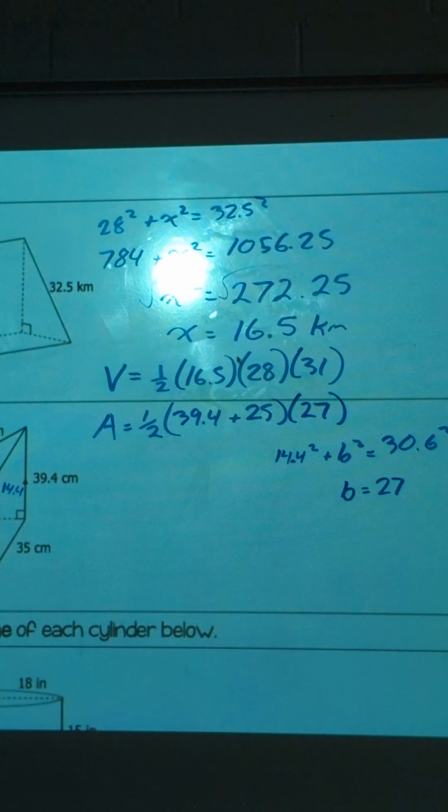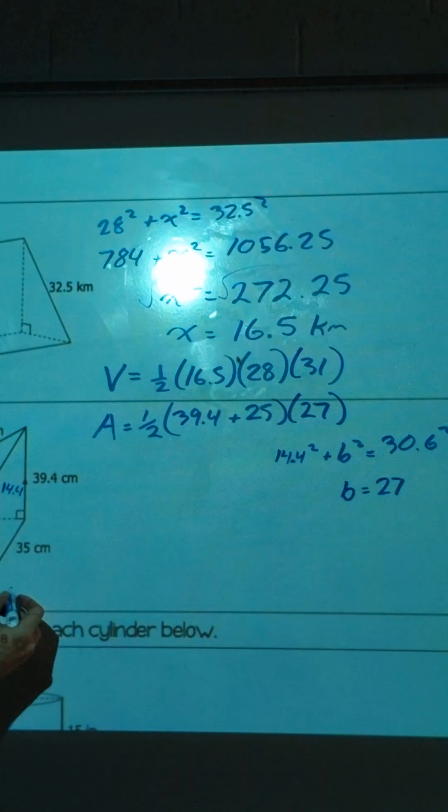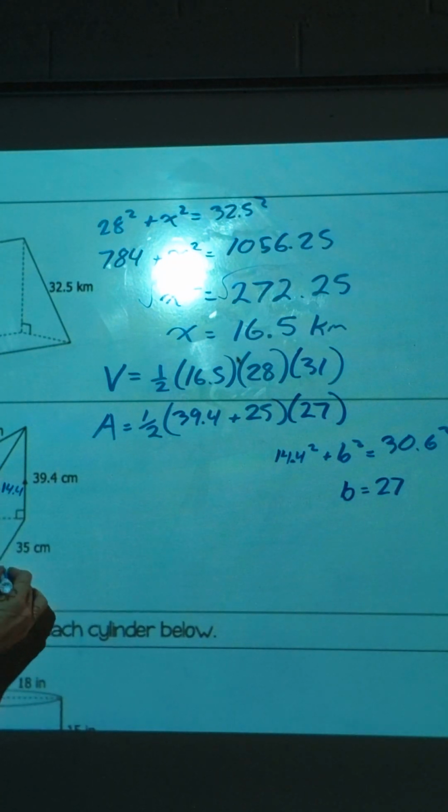And then again, if I want to do the volume all at once, I'm just going to do what I have there, the area of the trapezoid, times what? Yep. The height of the prism, which is between the bases. So which one would that be? 35. It's the distance between the bases.